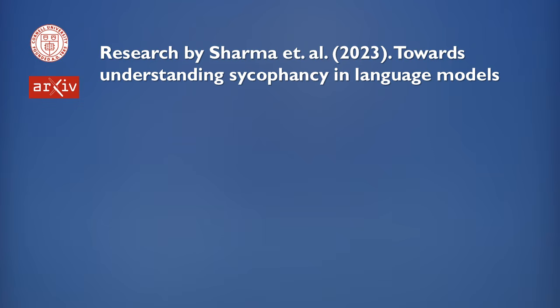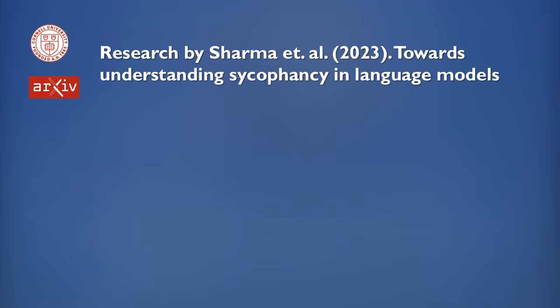In other words, ChatGPT wants you to like ChatGPT, so it will always answer in a way that it can please you. In an article submitted to Cornell's open access platform arXiv, researchers evaluated 5 leading AI models using tasks like poetry analysis and problem solving.